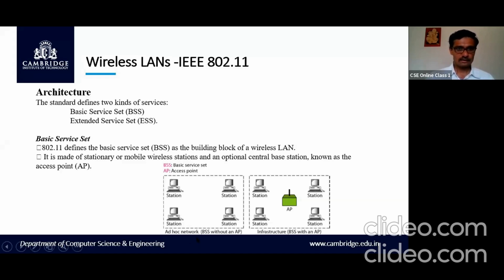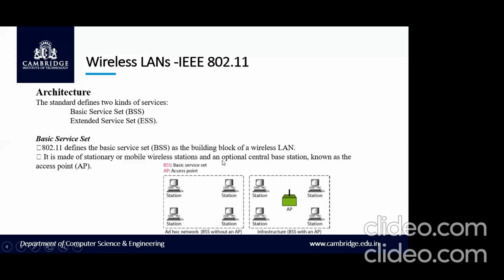So what is there in BSS? BSS is made up of stationary or mobile wireless stations. These stations can be either stationary, like our computer or a router, or movable, like our mobile phone.